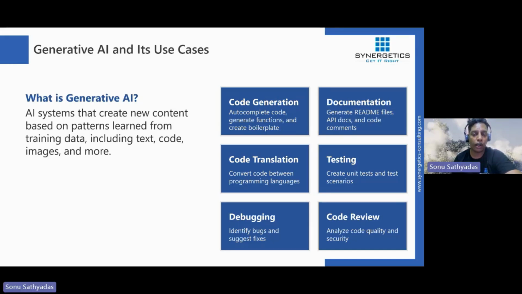Suppose I am a .NET C# programmer, but when I search, I may get Python code, or C++ code, or Java code. What I want is the C# code. No worries, you can take that Python or Java code and give it to the generative AI model, and ask these generative AI tools to convert it into C# or some other language that you are looking for.